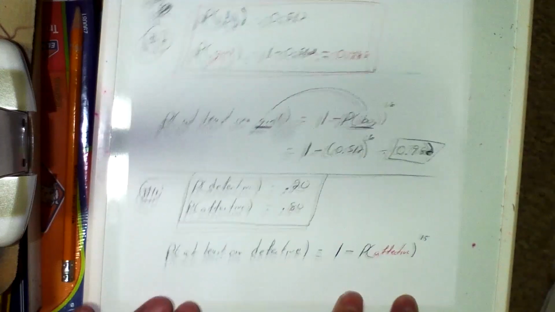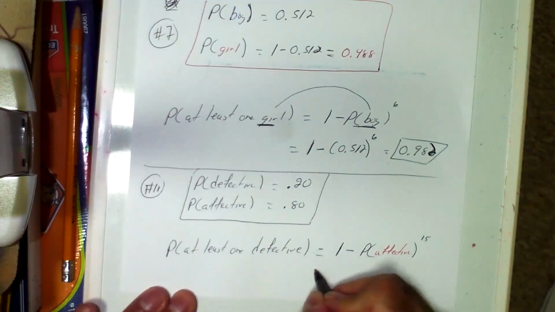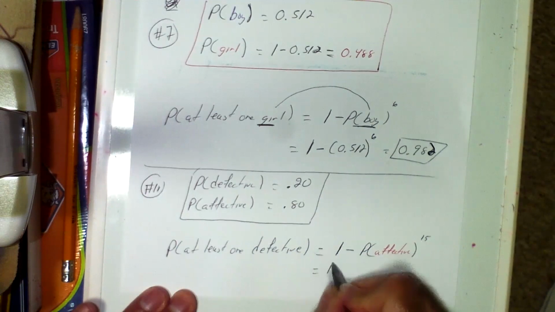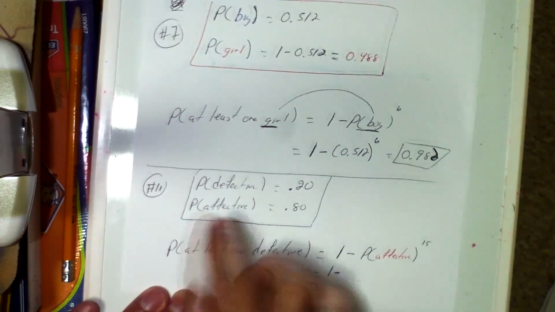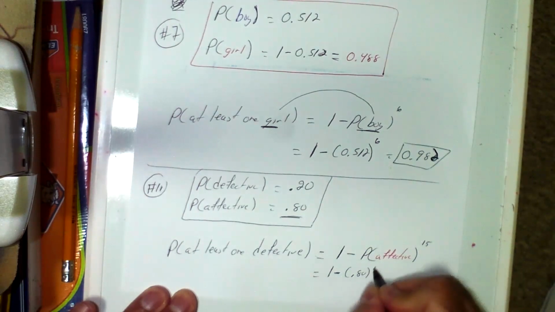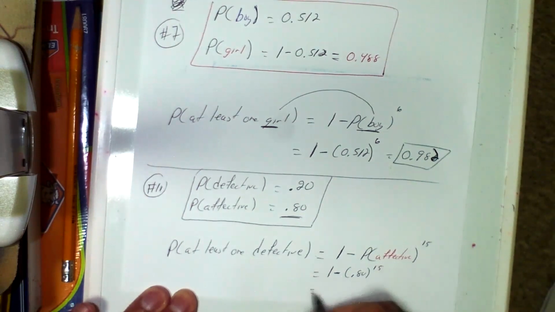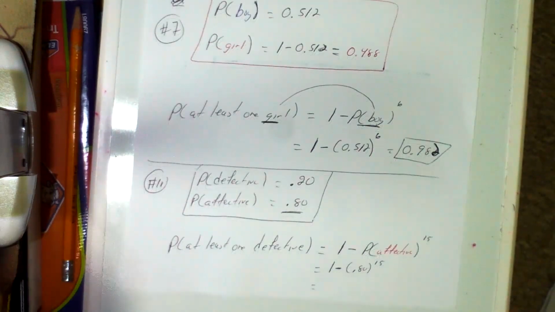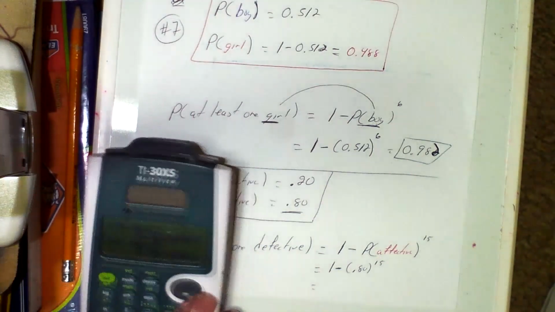Raised to the 15. And I just plug it in. 1 minus my probability of effective, which is 0.80, and I'm going to raise it to the 15th power. I'm just going to calculate it, letting my calculator do the job.